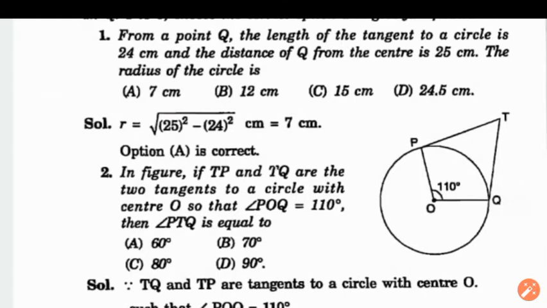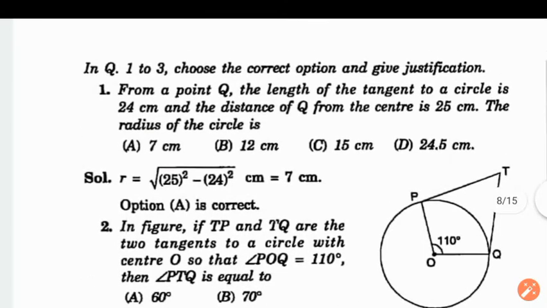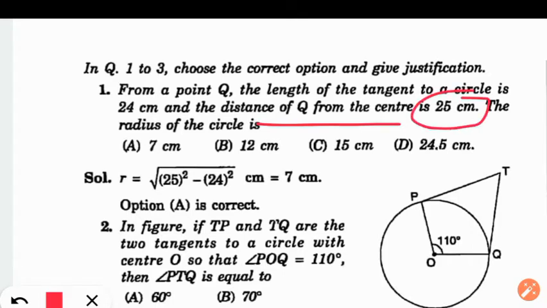OQ means the distance of Q from the center, which is 25 centimeter. So 25 square minus 24 square, which gives 7 centimeter. Hence option A is correct.